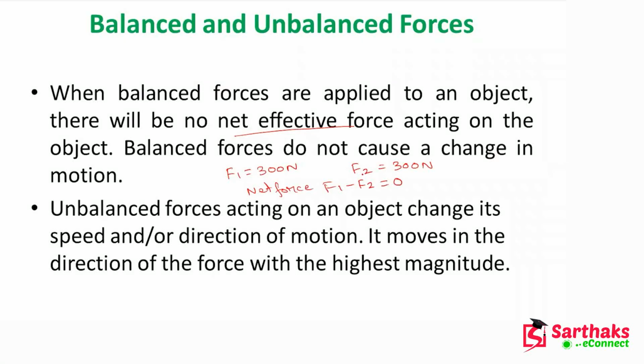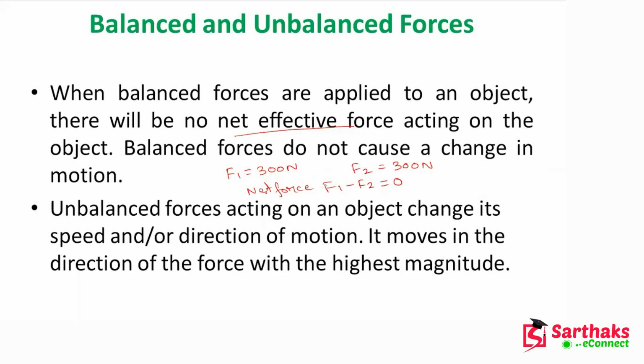So the net effective force acting on the object here is 0. Balanced forces do not cause any change in motion. Like I have told you, the left hand side friends will never win, and the right hand side friends also will not win, because both of them are applying the same amount of force, that is 300 Newton.